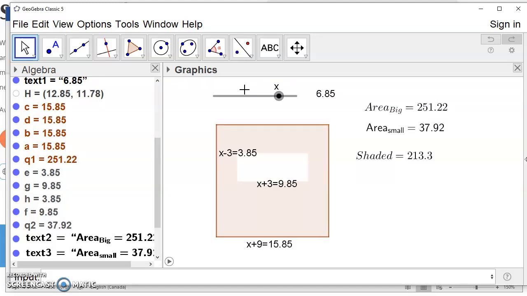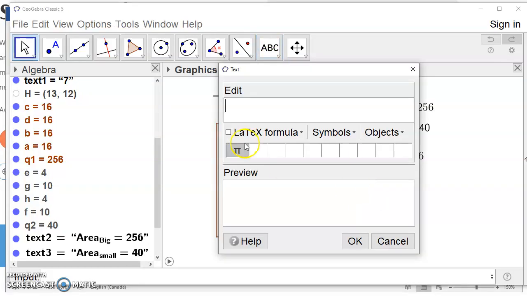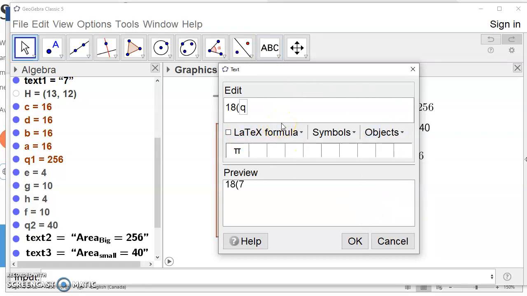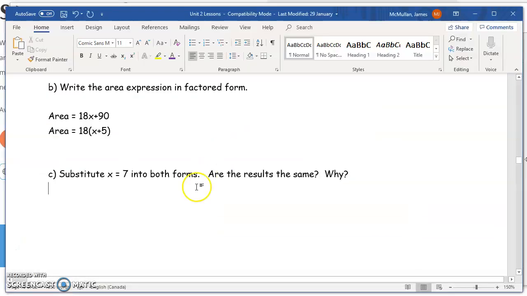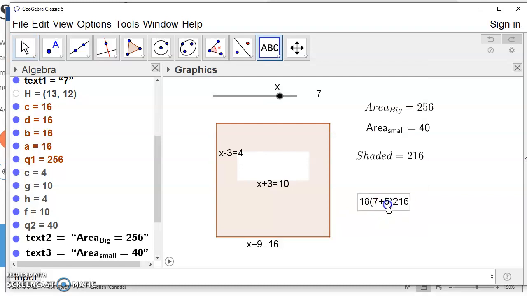So let's put 7. And I want to compare this to the thing we came up with. Now the thing we came up with was 18 times x plus 5, so that would be equal to 18 times that number plus 5.